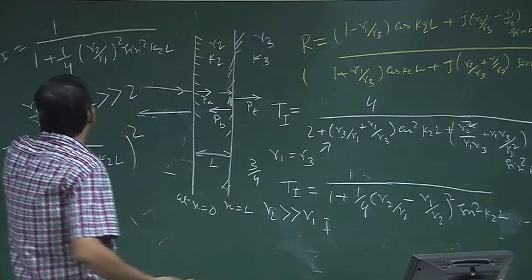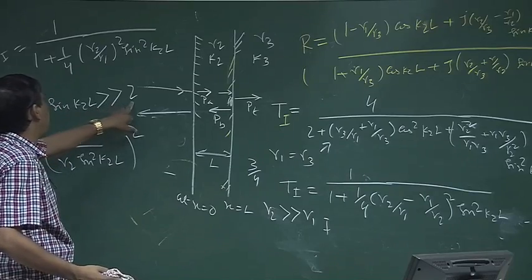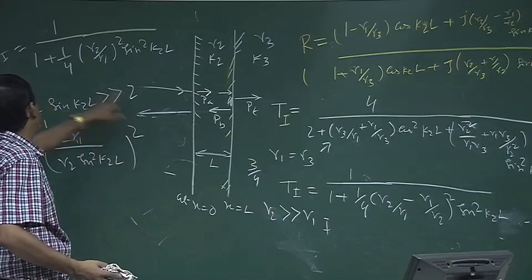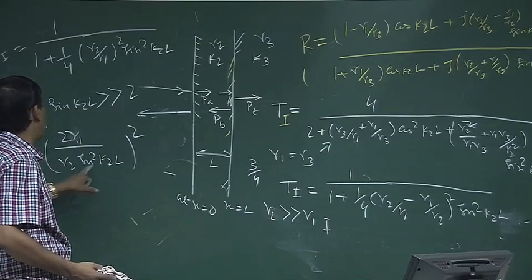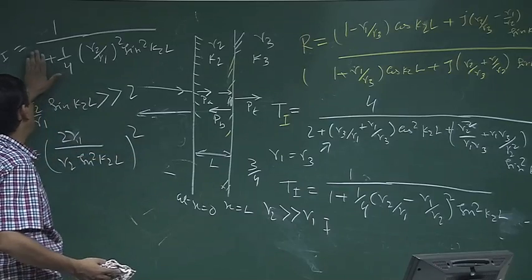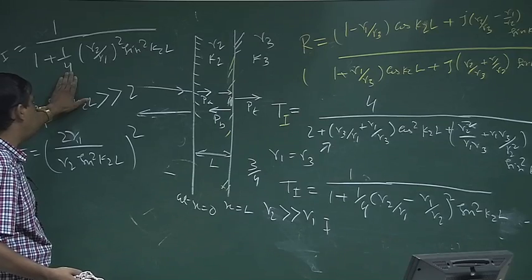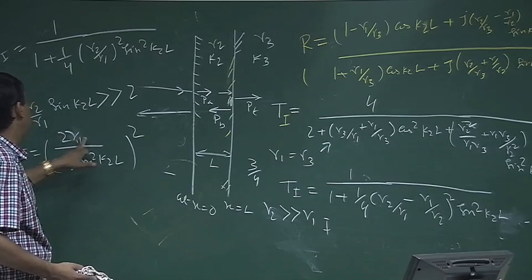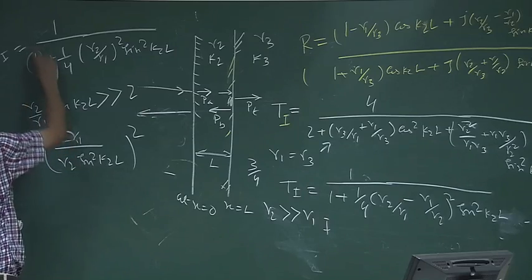The 1 will be ignored, and this becomes 4R1² divided by R2² sin²(K2L). I can ignore the other term.